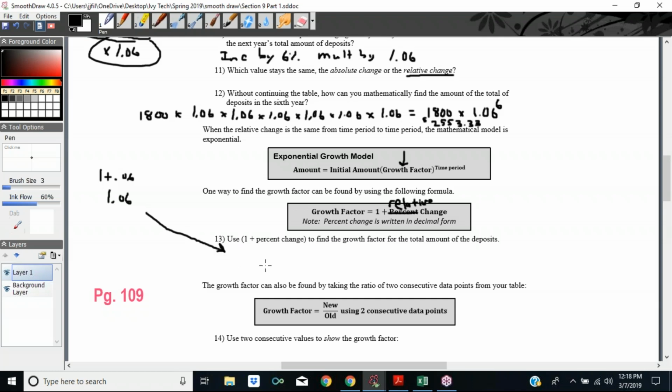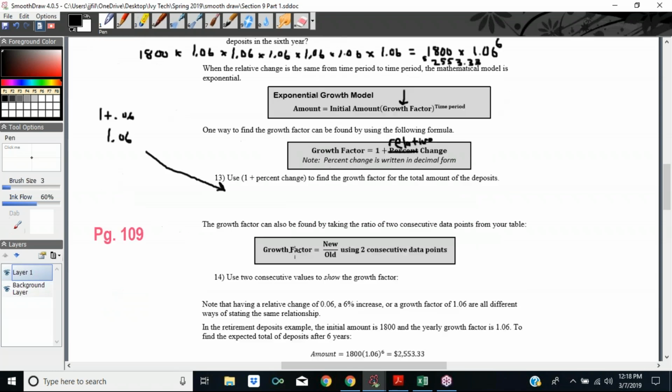And it says the growth factor can also be found by taking two consecutive data points from the table and dividing them. So let's take 2 points and divide them. I'm going to take year 3 and year 2. Year 3 is 2143.83, and year 2 is 2022.48.